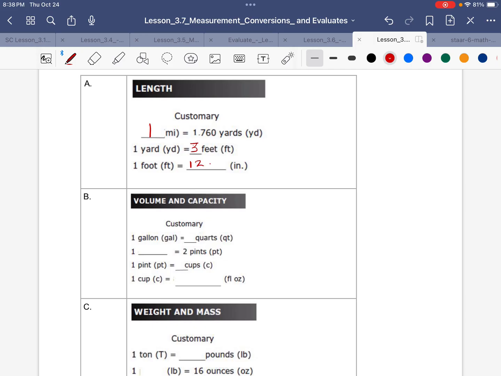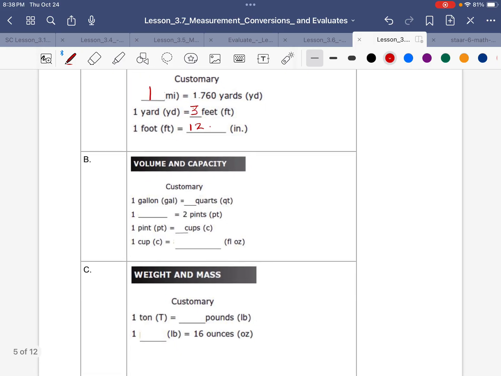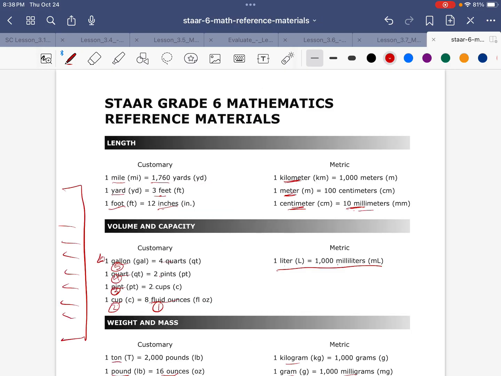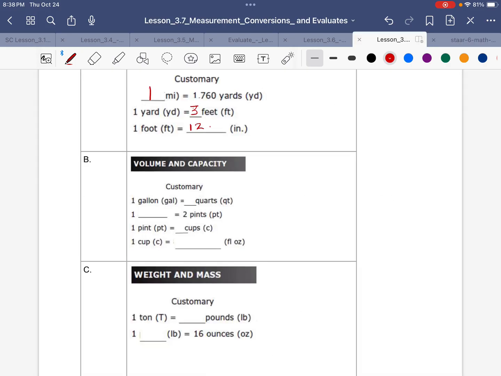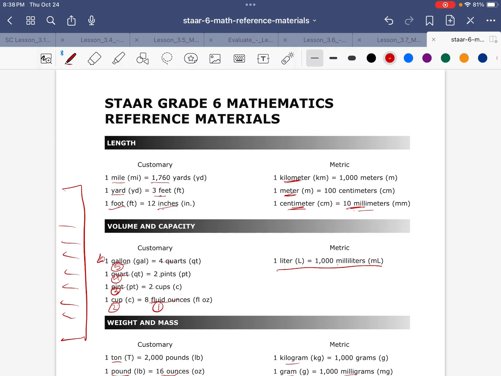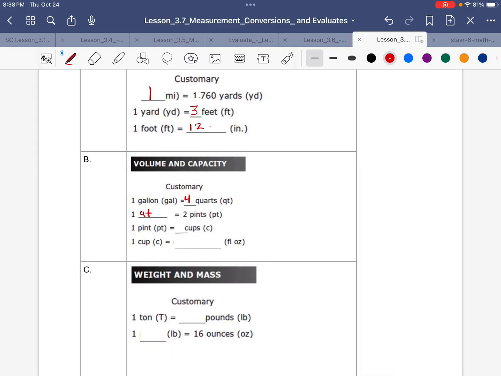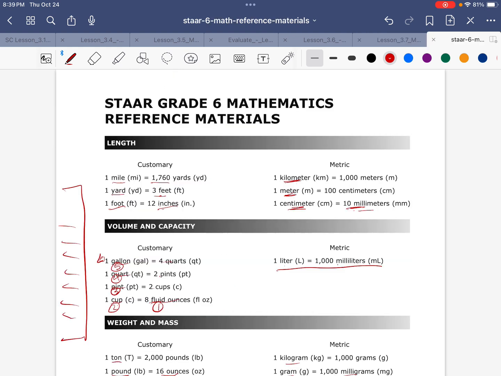Okay. 1 gallon, I believe, is 4 quarts. Yep, 4 quarts. And then 1 quart is equal to 2 pints. 1 pint is equal to, I believe, 4 cups. Oh, no, 2 cups. 2 cups. And then 1 cup is equal to 8 fluid ounces. All right? There it is.